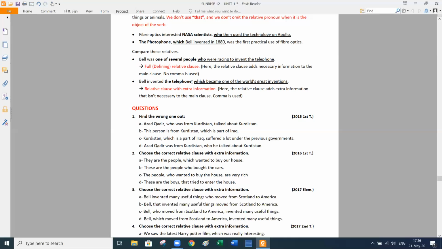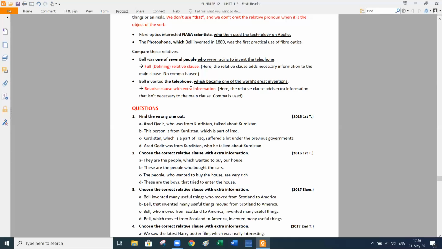It's complete. So the relative clause that I write here about the telephone will be additional information, extra information. It does not define the telephone. "Which became one of the world's great inventions" is additional information only, not the definition of the telephone.